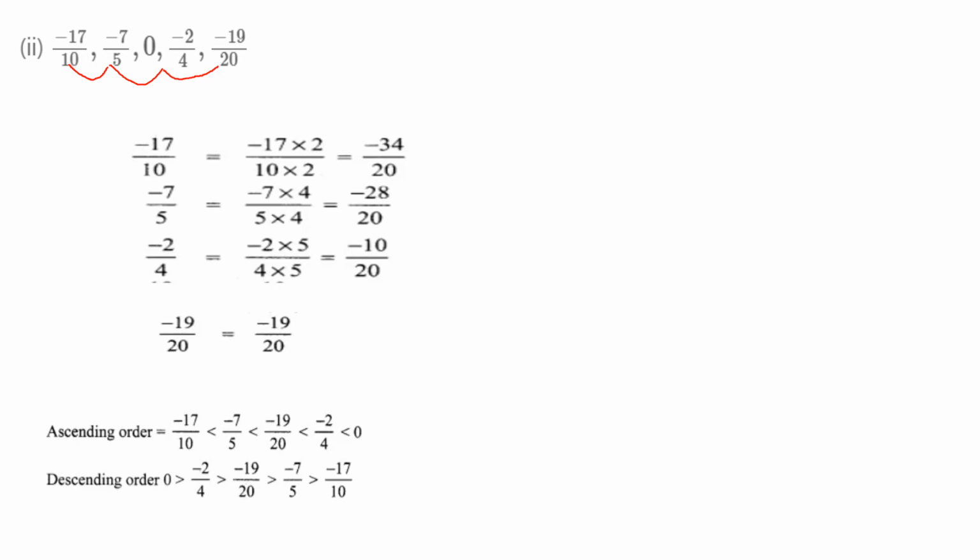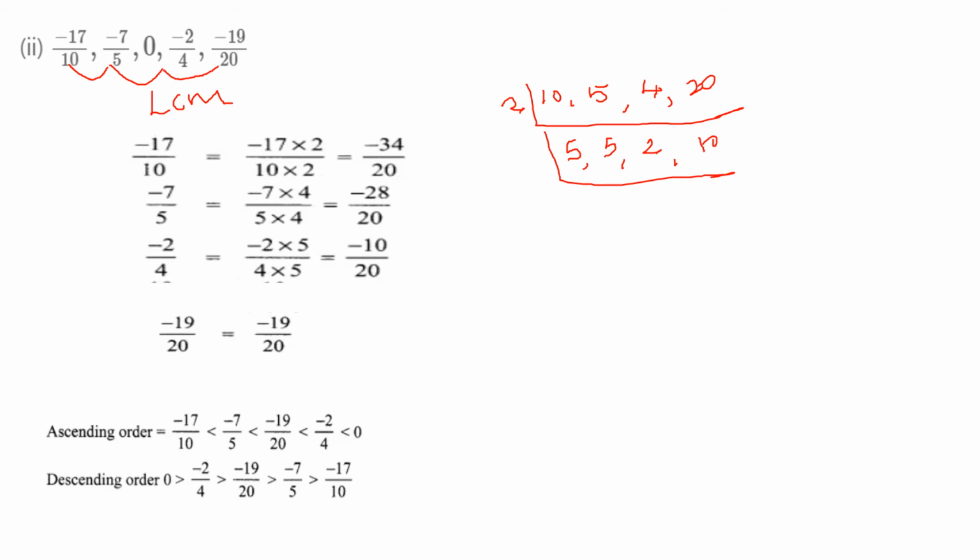So LCM of 10, 5, 4, 20. First 2 table: 5 twos are 10, 5 not divisible so as it is write it, 4 twos are 4... 10 twos are 20. 5, 1 5 is 5, 2 write it as such, and 2 fives are 10. Again 2 table, 2 twos are 2, 2 fives are 10, 10 twos are 20. LCM is 20.